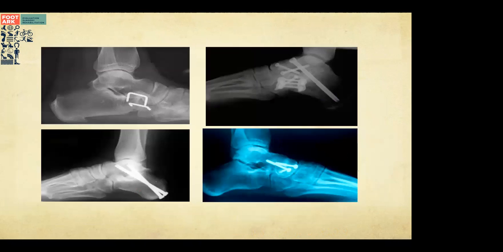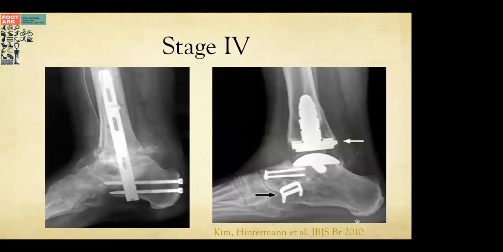So selective fusion is the way forward, whether it is triple arthrodesis or calcaneocuboid or only posterior subtalar. It depends on which areas of the joint are arthritic and how to go ahead. In stage 4, the option in our country at present is a pan-talar fusion or a TTC fusion.